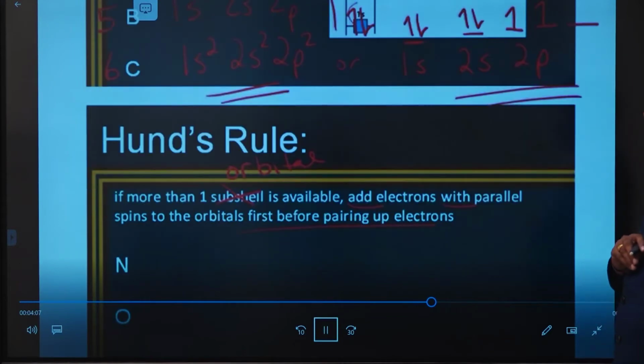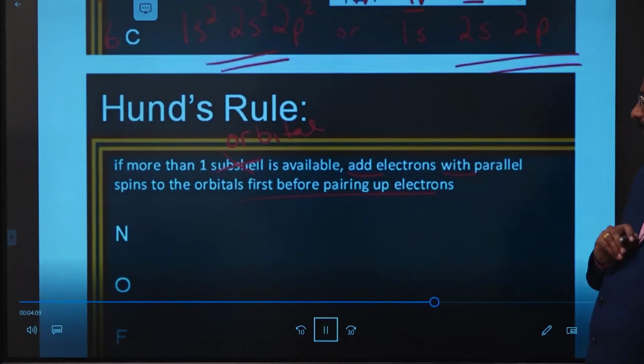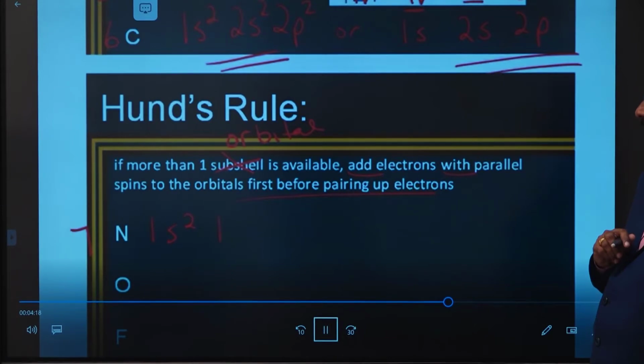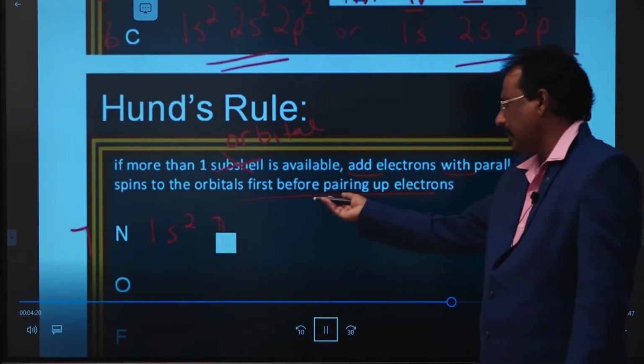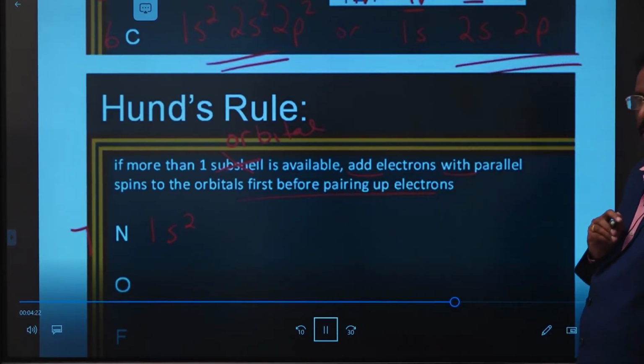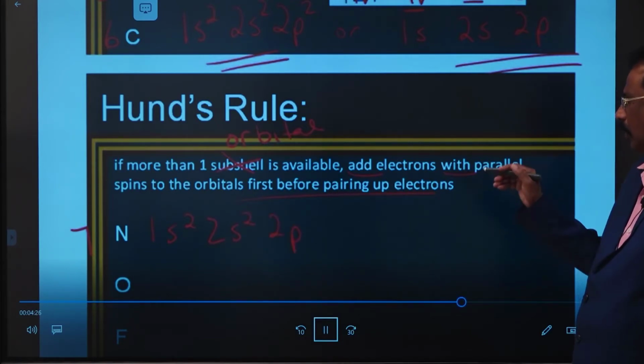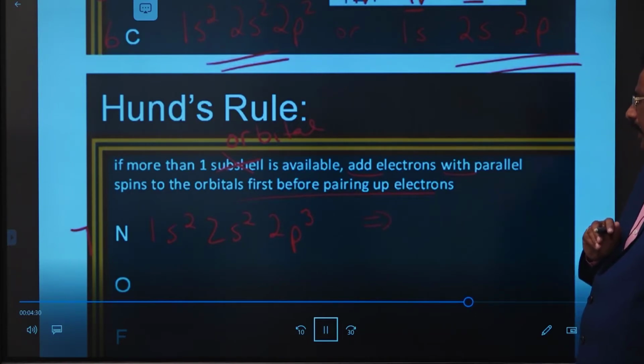So after nitrogen, the next element is oxygen. Here, this is the electronic configuration of nitrogen: 1s2 2s2 2px1 2py1 2pz1.